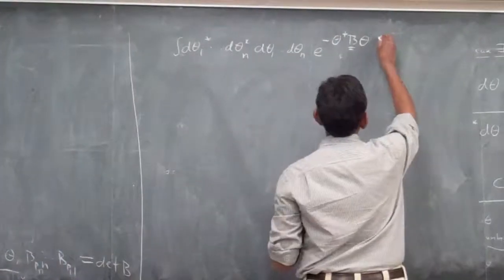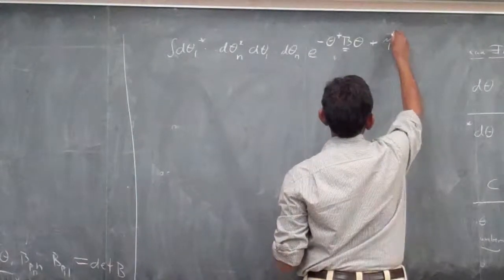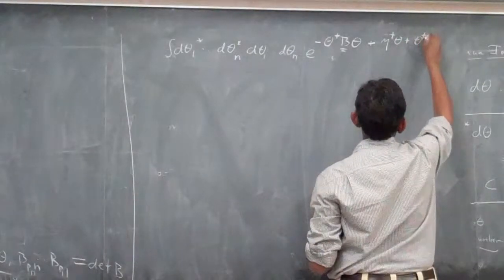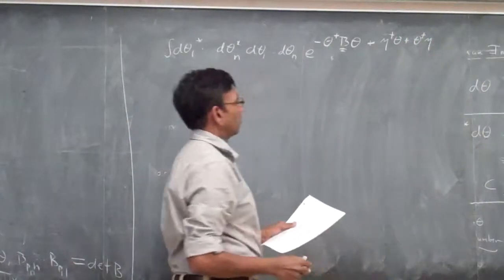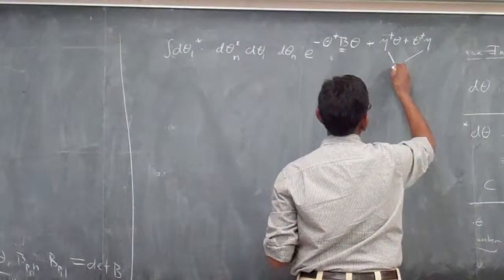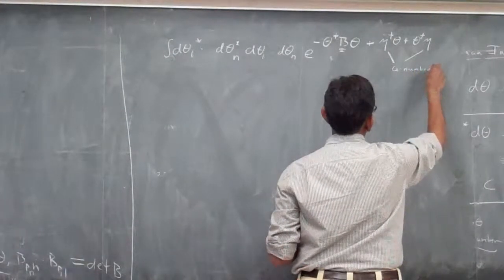And then let's add eta dagger theta plus theta dagger eta, where eta is also a Grassmann number, in quotes, a source.